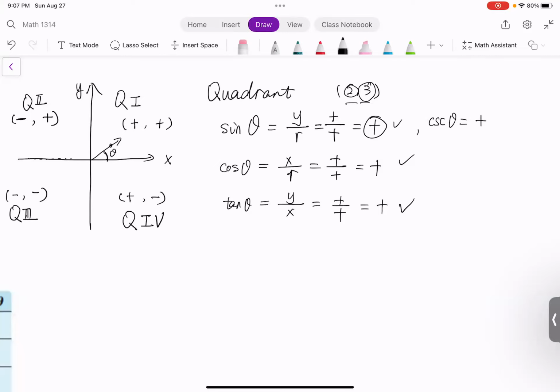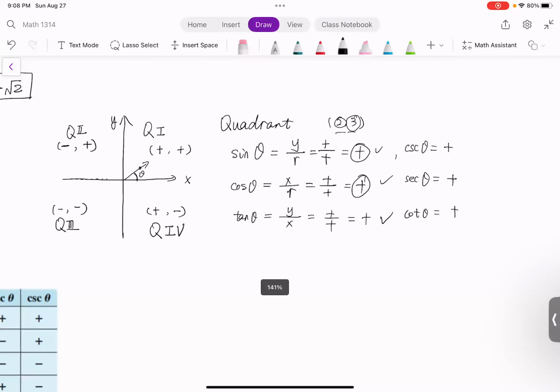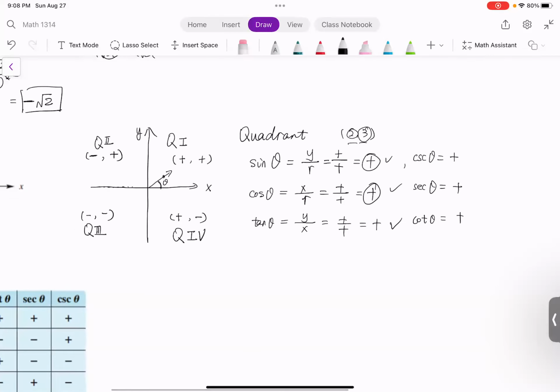The reciprocal of a positive number is positive. Secant theta is positive because it is the reciprocal of cosine, and cotangent theta is positive too, the reciprocal of tangent.